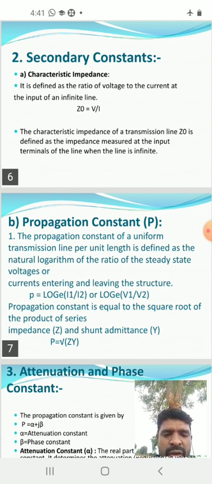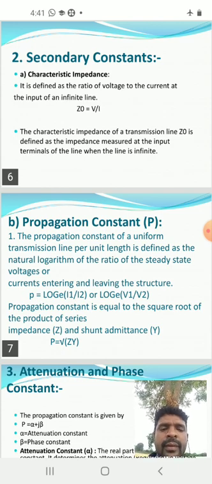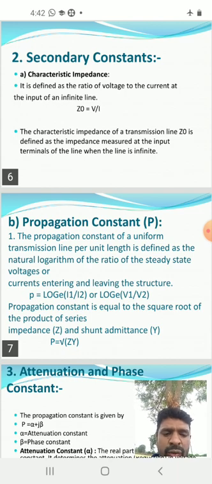That means P equals log e I1 by I2 or log e V1 by V2, where I1 is the entering current, I2 is the leaving current, V1 is the entering voltage, V2 is the leaving voltage. Or propagation constant is equal to the square root of the product of series impedance and shunt admittance.